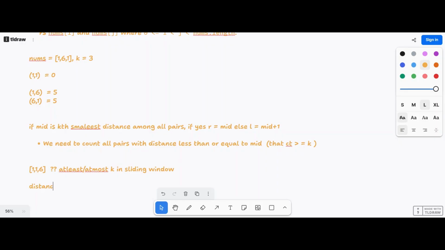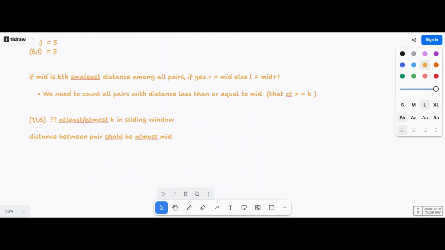The distance between a pair should be at most mid, so less than or equal to mid. That is the original question, that it should be at most mid, and we have to count such a number of pairs. So there also we count the number of subarrays. We have done those types of questions where we are counting the number of subarrays.